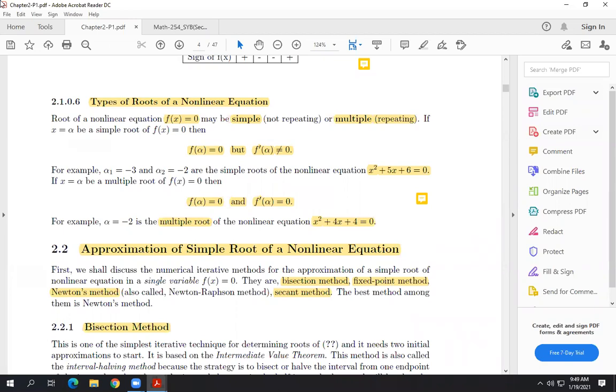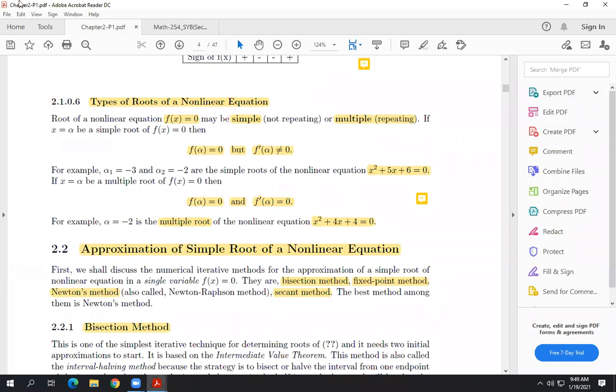Number 5, Muhammad. Yes. Number 6, Muhammad bin Saddam. Yes. Okay. Number 7.